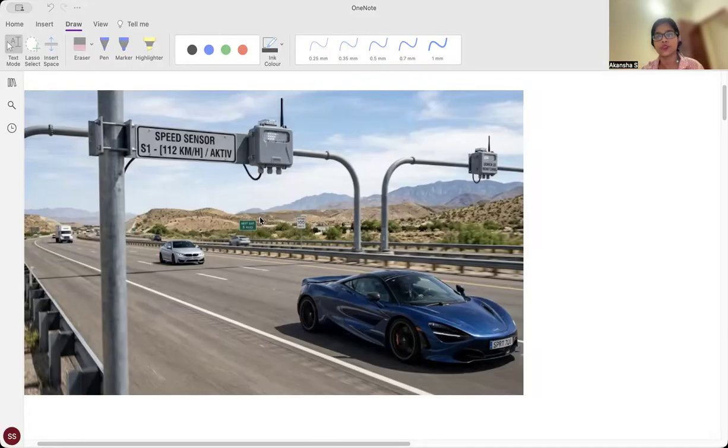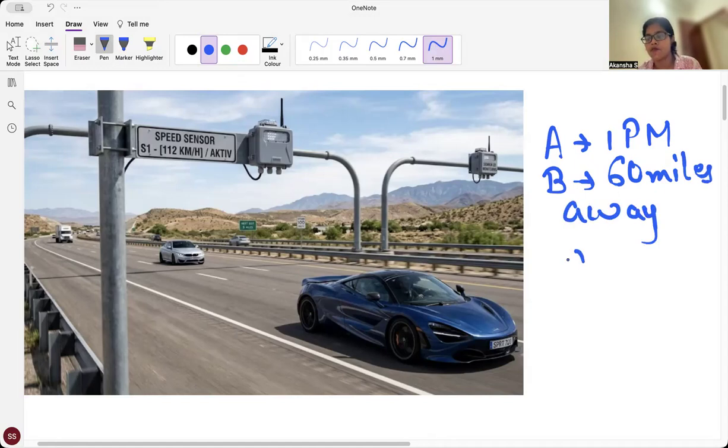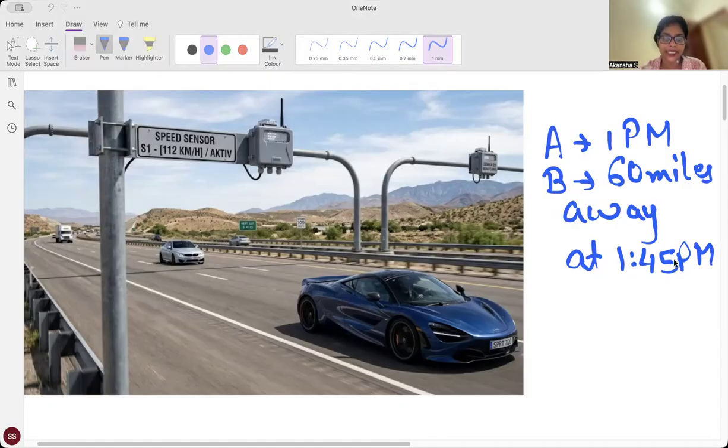Now imagine yourself driving down the turnpike, and suppose that you pass camera A at 1 p.m. and you pass camera B, let's say 60 miles away, at 1:45 p.m. Suppose that. Now, what happens next?